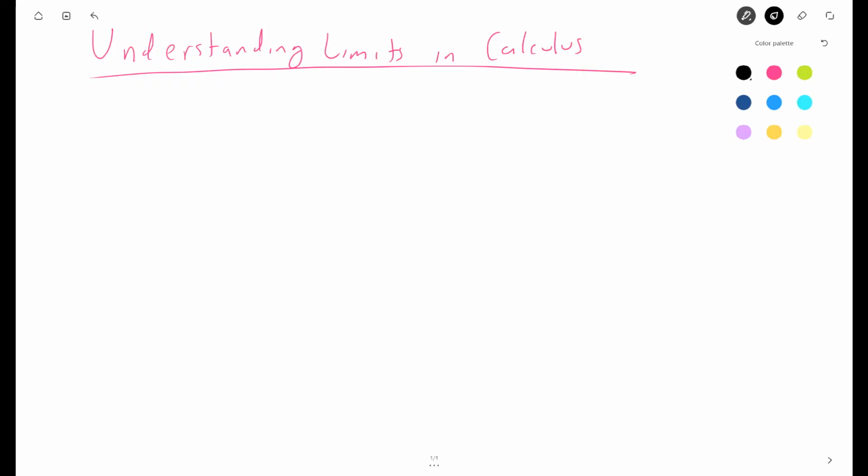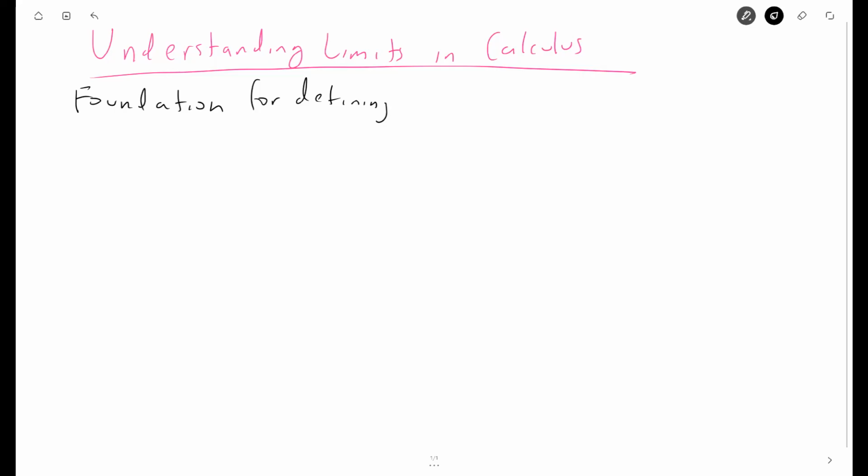Limits are a fundamental concept in calculus, serving as the foundation for defining derivatives and integrals.